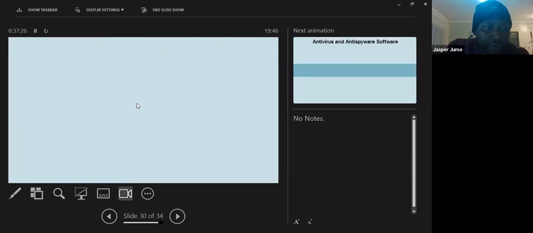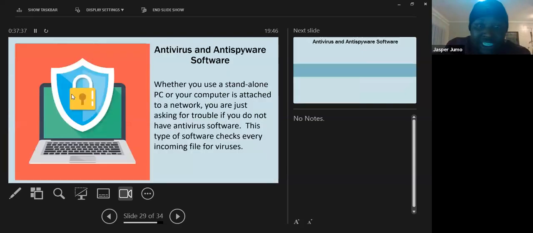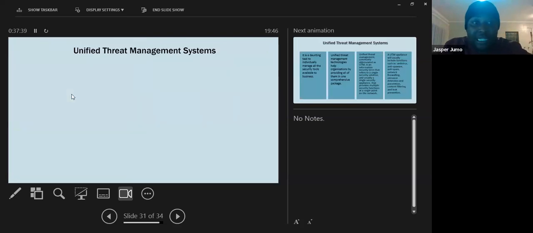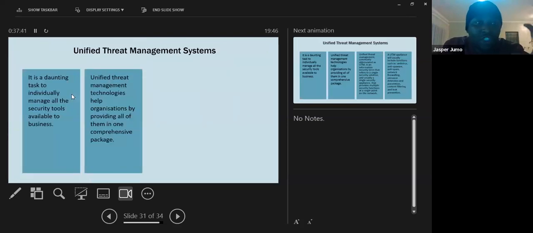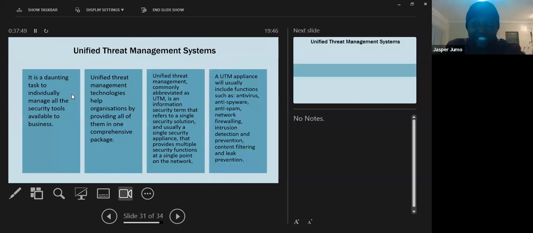Let me show you. Instead of buying these three separate appliances, you can just buy one which can do all of these three. That one appliance is called a unified threat management system. That's why it's called unified, because there is a uniting of appliances into one gadget.